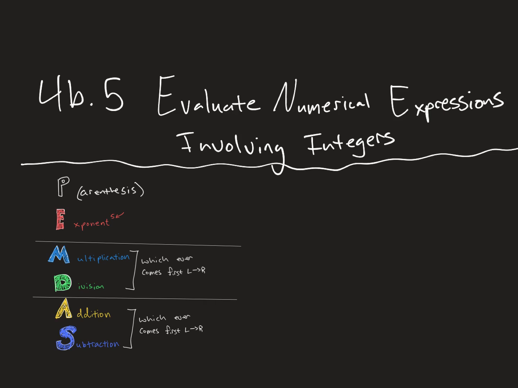When we are talking about parentheses, we're just saying solve within the parentheses first, and then we work outside. If we have an integer, or even rational numbers or natural numbers, with an exponent, that would come second. Then we would move on to multiplication or division. If it's not in the problem, then we just jump right down to addition and subtraction.